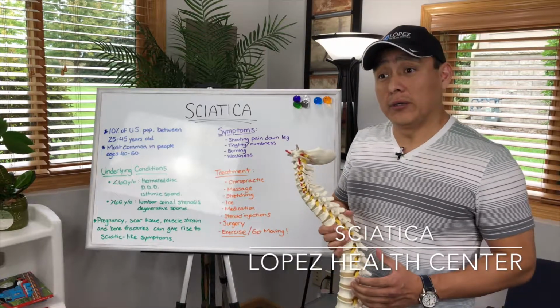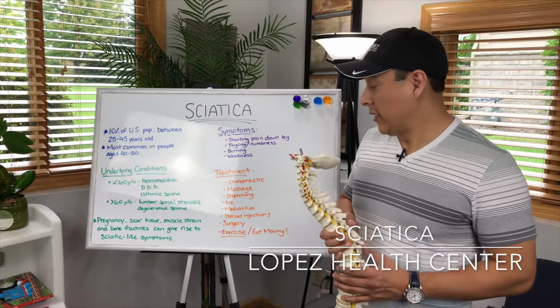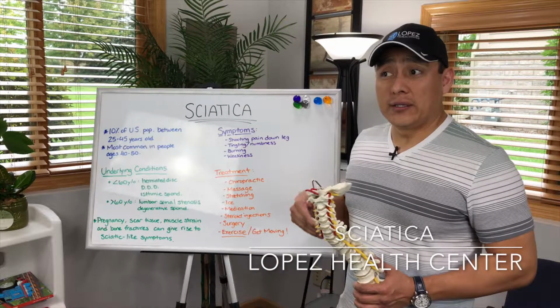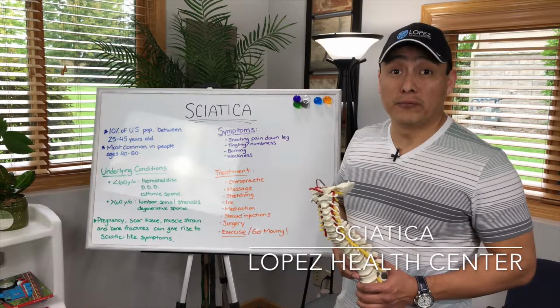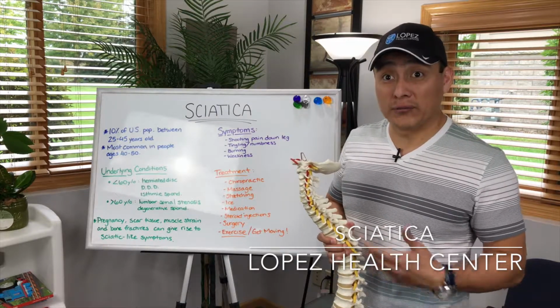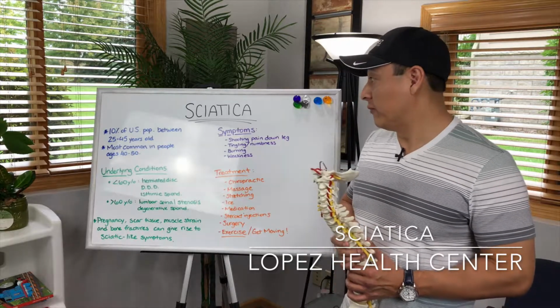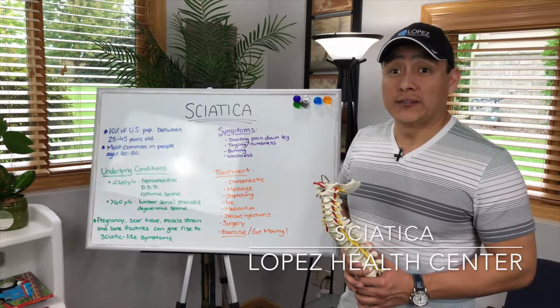We want to build up muscle strength and muscle tonicity, and also if you exercise, any future flare-ups will be minimal. You also help relieve some of that stress by reducing weight. So exercise is very, very important when it comes to managing sciatica.